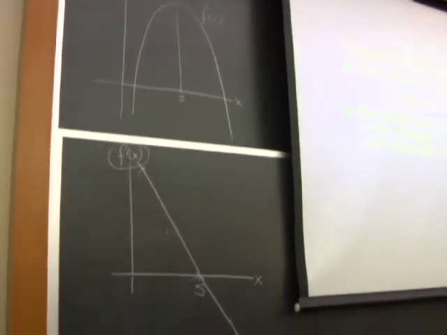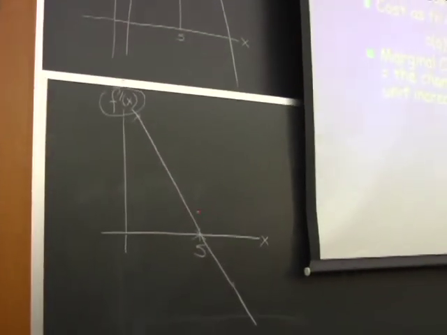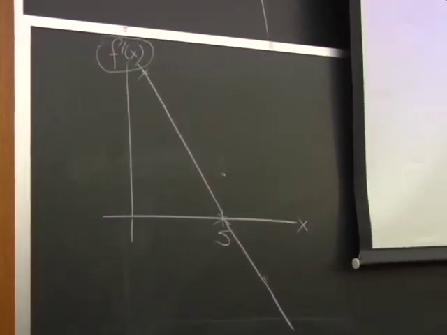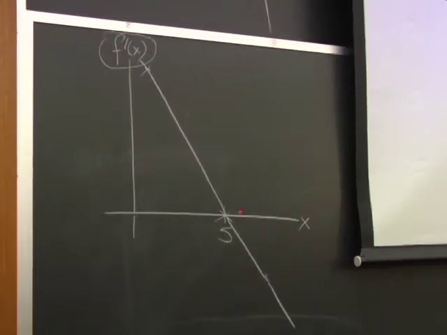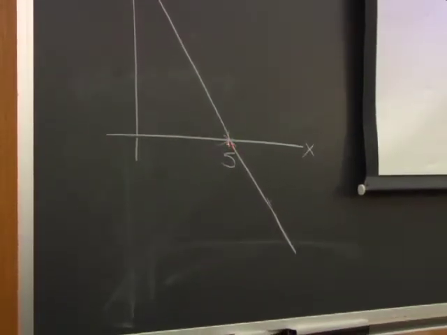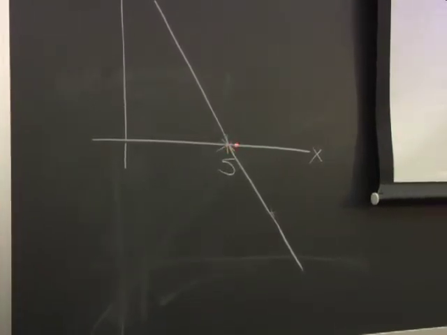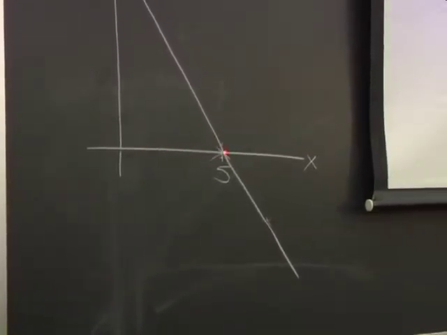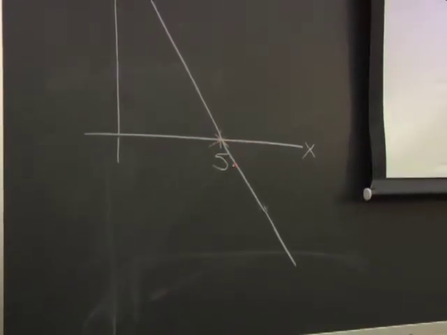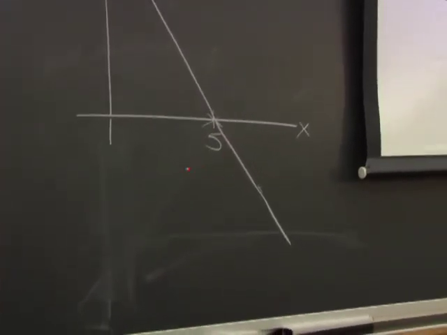So generally, if you start out with positive slope, and then you hit a point where you're flat, for most functions that you'll see, beyond that, you'll have a negative slope.